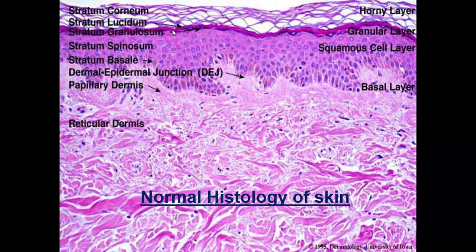Then comes the major portion of the epidermis, that is the stratum spinosum, comprising keratinocytes, which are polygonal in shape and attached to each other with desmosomes. Then the last layer is the stratum basale, comprising keratinocytes and melanocytes. The keratinocytes are mainly columnar in shape.